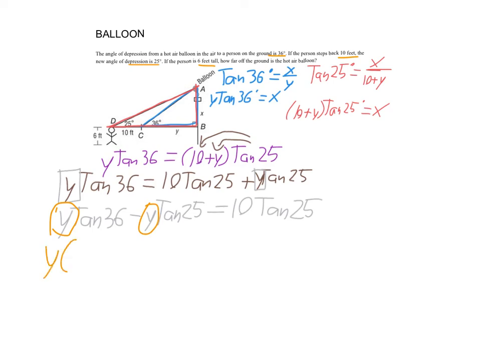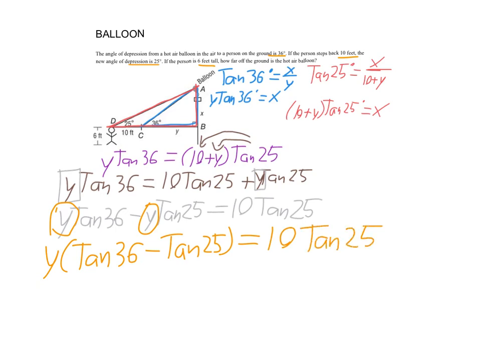So y times the tangent of 36 minus the tangent of 25 is still equal to 10 tangent of 25. A color I haven't used, green. Divide both sides by tangent of 36 minus tangent of 25.